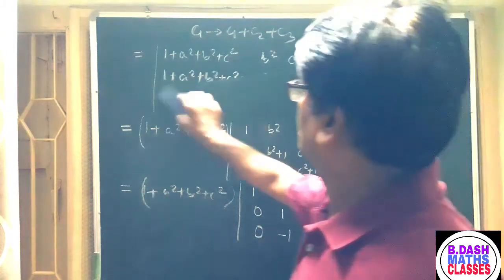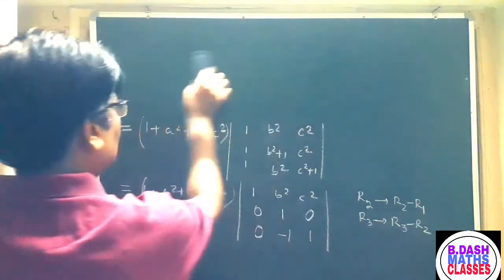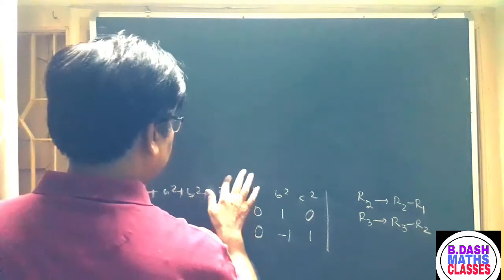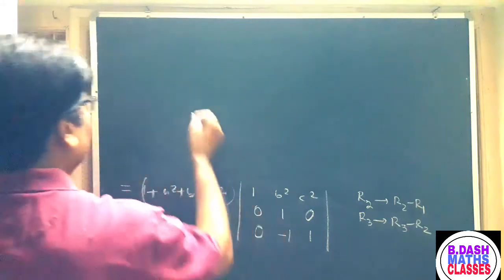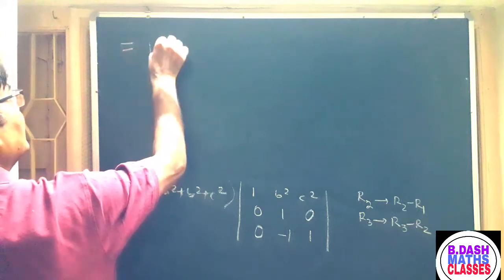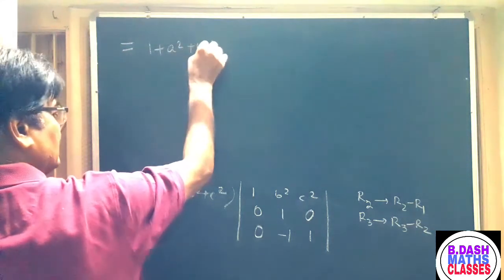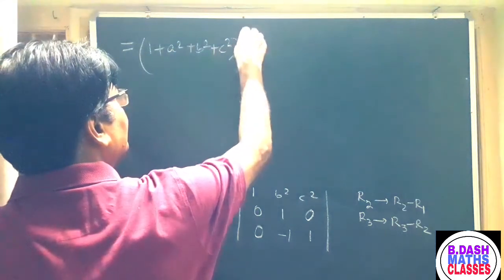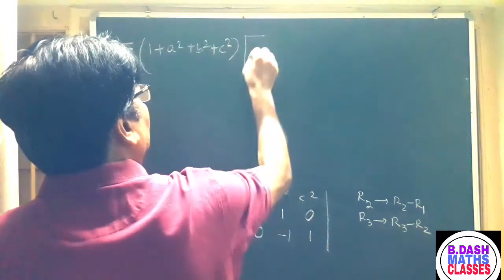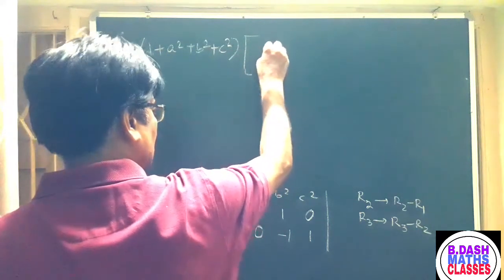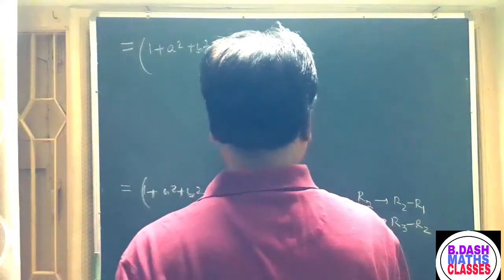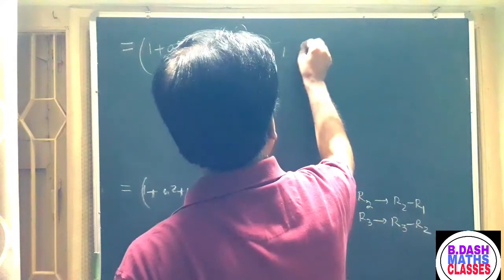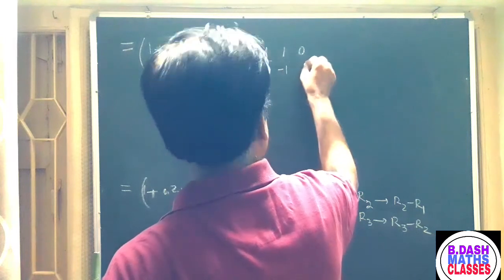Now after getting this, let us expand this determinant along the first column. So this will give you 1 plus a square plus c square into 1 into this will be 1 0 minus 1 1.